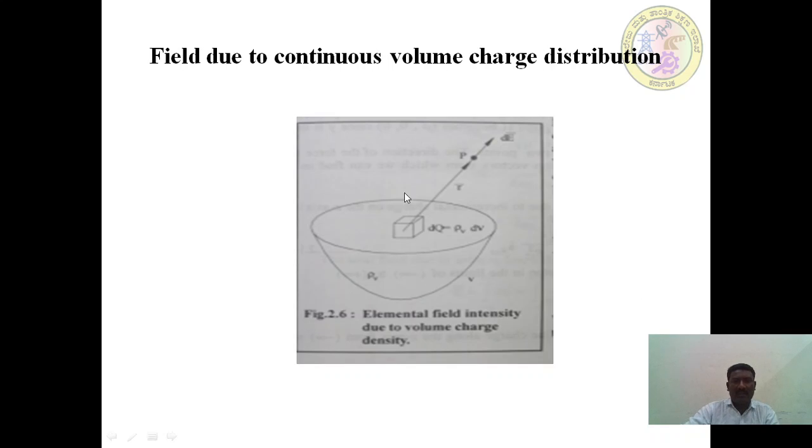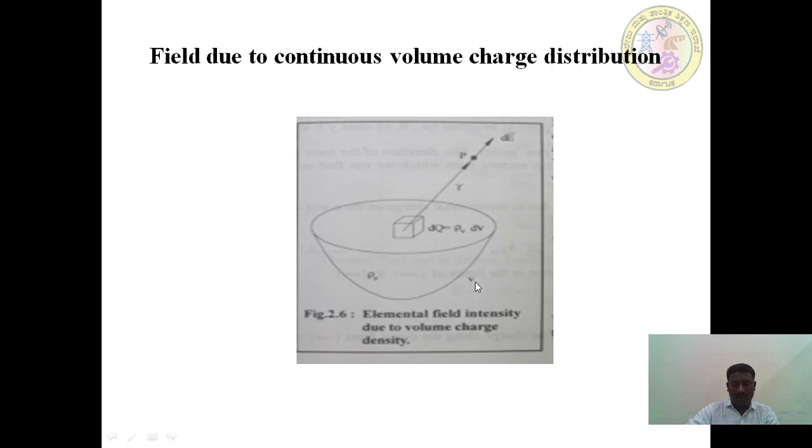Suppose you consider this figure. This shows electric field intensity due to volume charge density. Here, rho v: rho represents charge density, and rho v represents volume charge density.